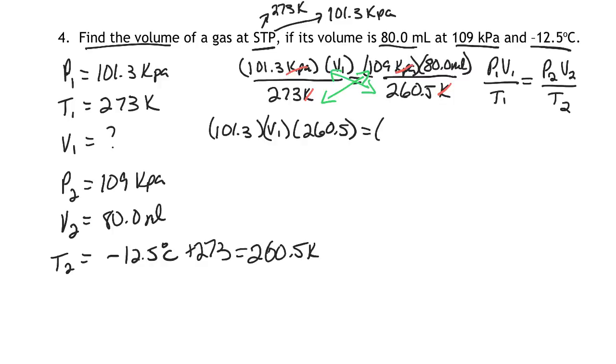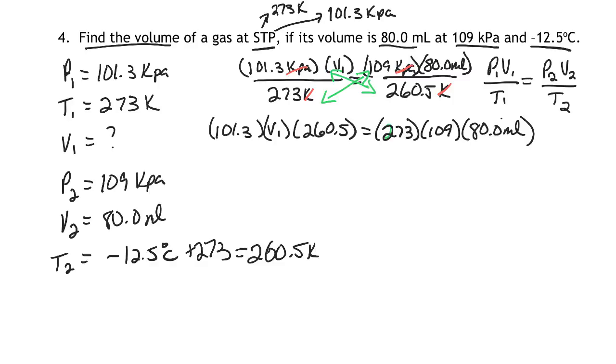If that's the way you remember how to do this, then that's great. Whoops, let's switch to black. So 273 times 109 times 80.0 in milliliters. So we can go ahead and just solve this.